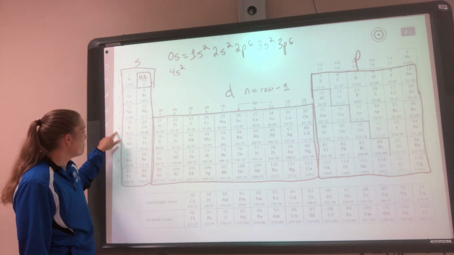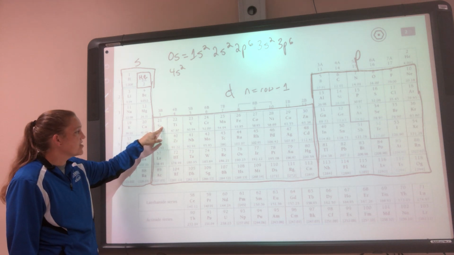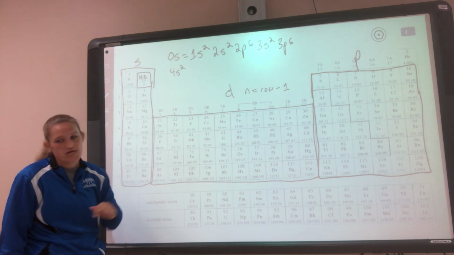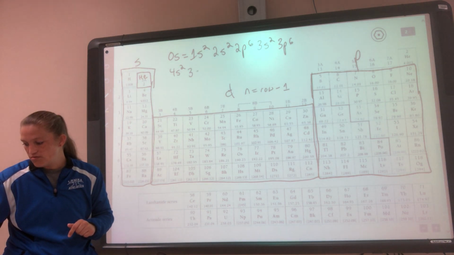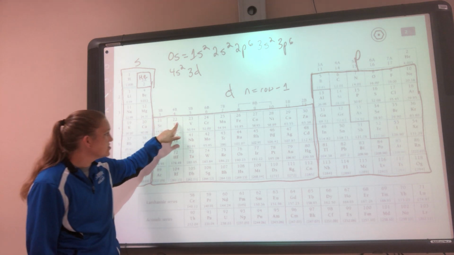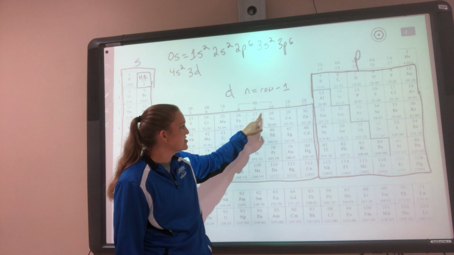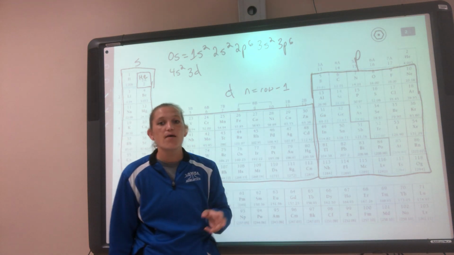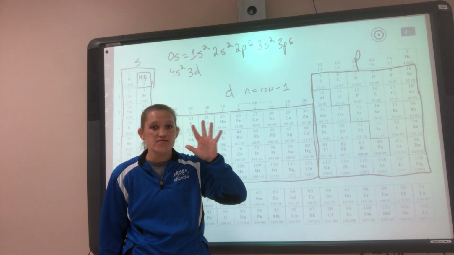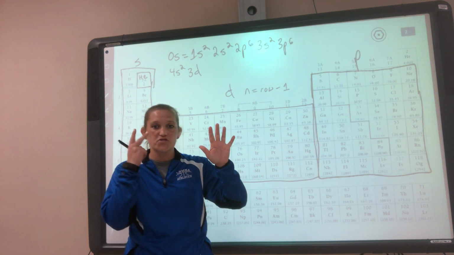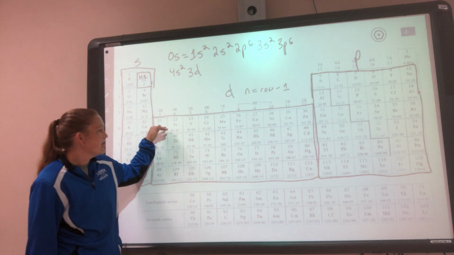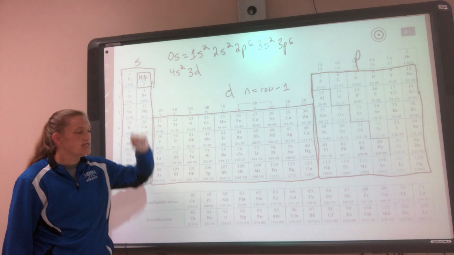I'm in row 4, but my n is going to be a 3. So this isn't a 4d, it's a 3d. So 3d, and then we say 1, 2, 3, 4, 5, 6, 7, 8, 9, 10. Because remember, the d orbital has 5 orientations, so that means it has 5 suborbitals. Every orbital can have 2 electrons. 5 times 2 gives you 10. So I have 10 of these 3d.